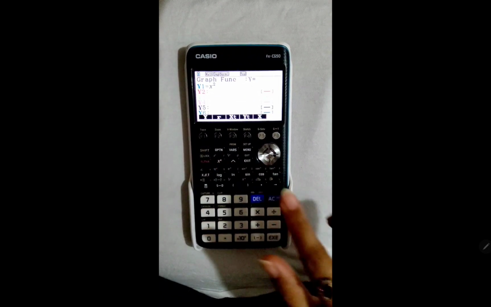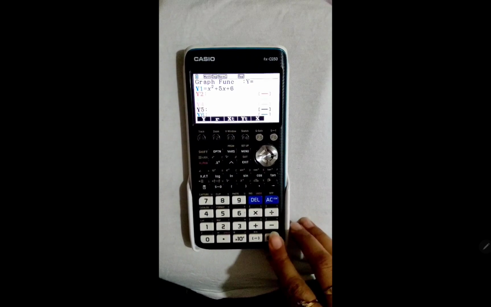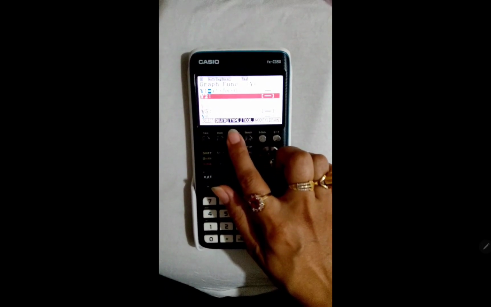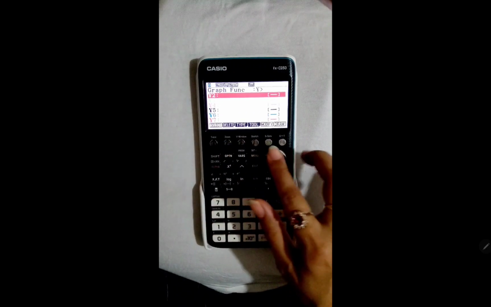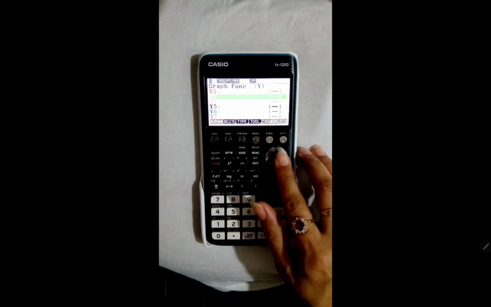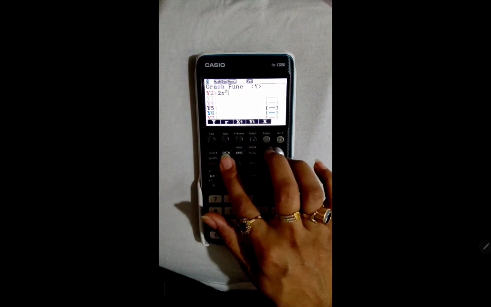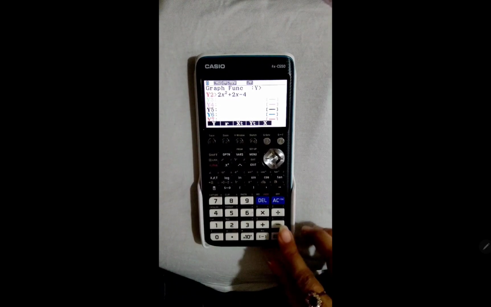We will first write the equation x square plus 5x plus 6, and since this is greater than the other one, first we will change the type. We have greater than, so I will select this, and now I can put the value 2x square plus 2x minus 4.